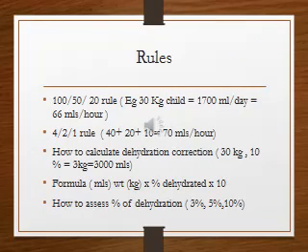There are a couple of ways you can calculate fluid. An easy method is the 100-50-20 rule and the 4-2-1 rule. Let's assume a child is 30 kilograms in weight. For the first 10 kilos you would give 100 per kilo, so that's 1000 mils.